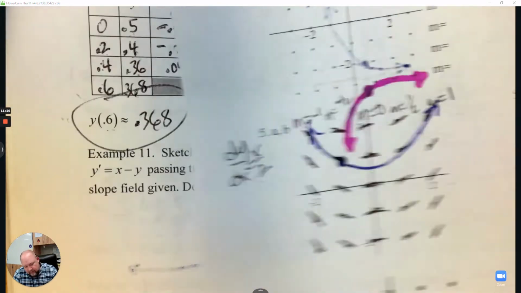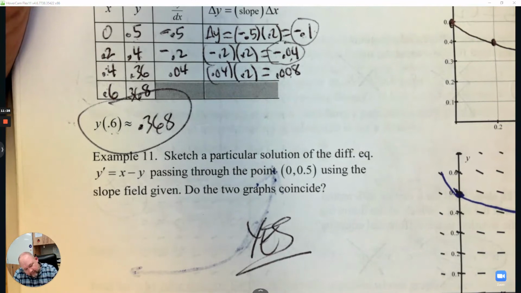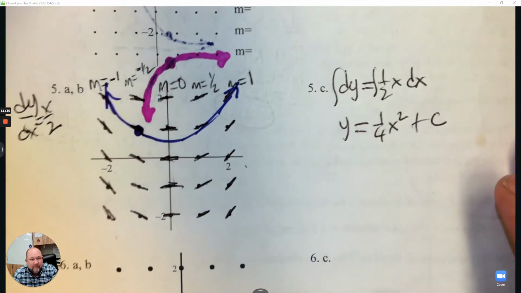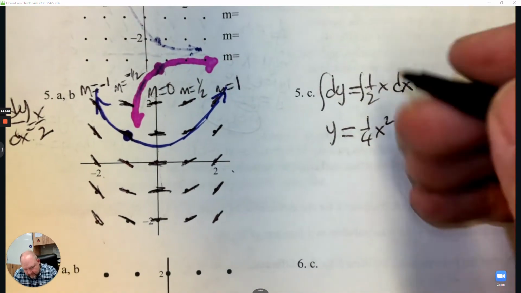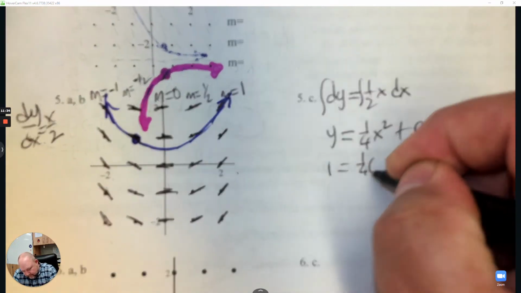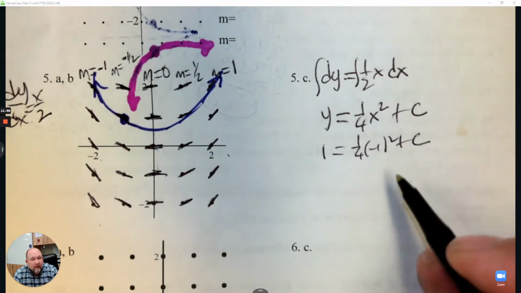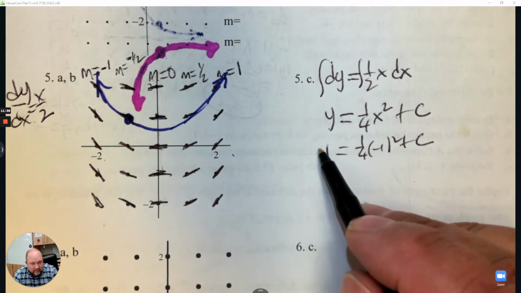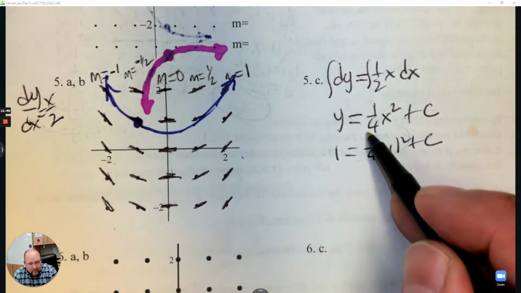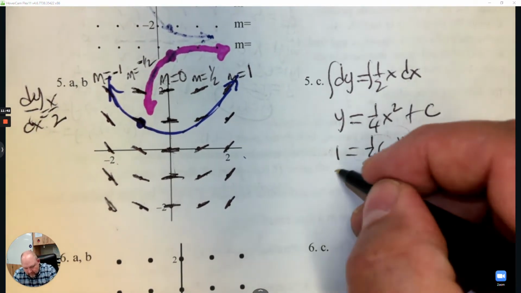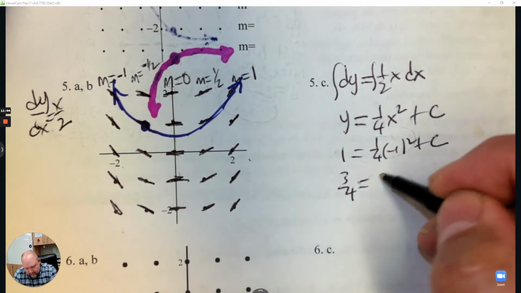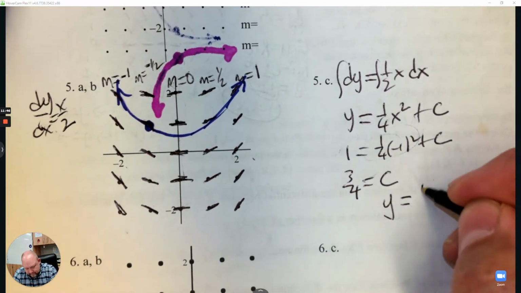That's the general solution. And then find the particular one through negative 1, positive 1. So plug in negative 1 for x, positive 1 for y. This is just 1/4. Subtract from 1, take away a quarter. Of course, it's 3/4. And then you have your answer.